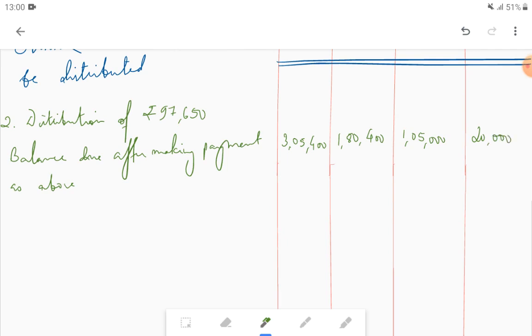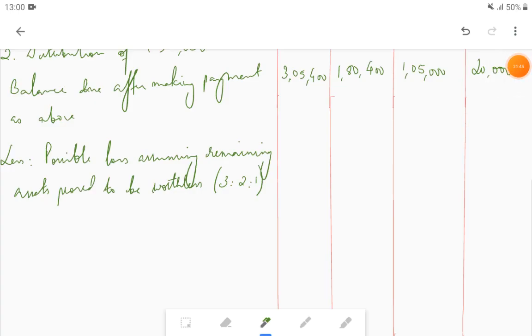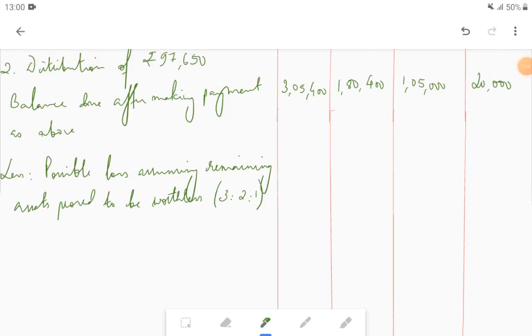Fine. So now let us distribute the amount. And what is the balance due? Less possible loss, assuming remaining assets prove to be worthless. The same statement once again. So possible loss is 3,05,400 minus rupees 97,650.